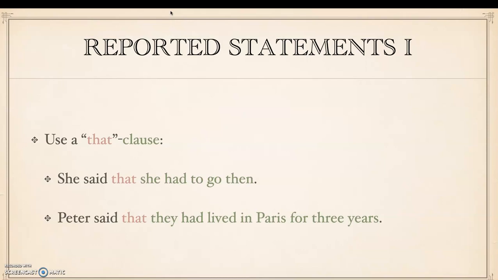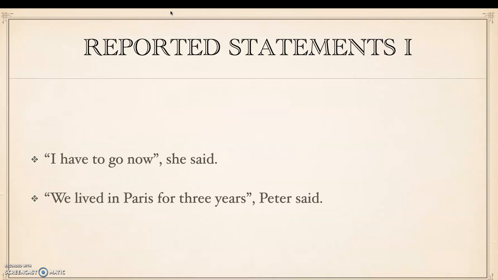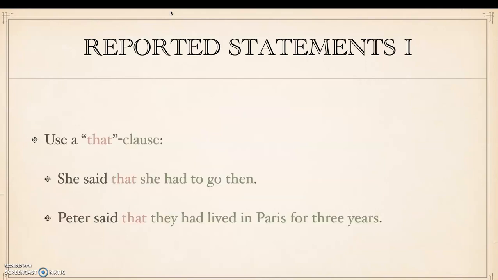So, in the sentence, in direct speech, I have to go now, she said. She said would be the main clause, where she would be the subject of the main verb, said, which is the reporting verb. And what she said is the direct object.